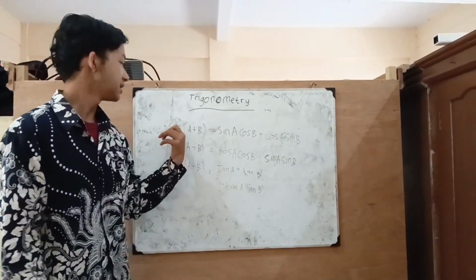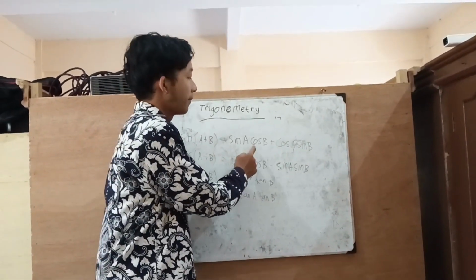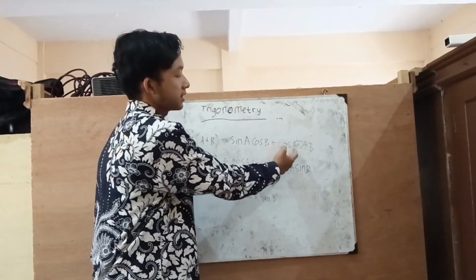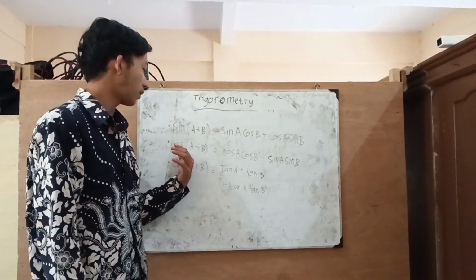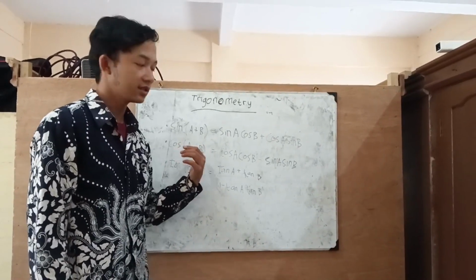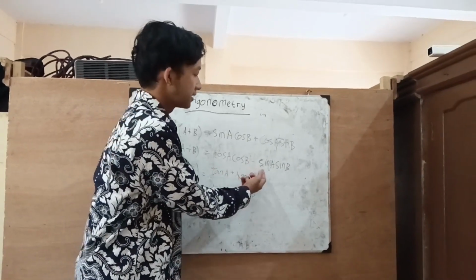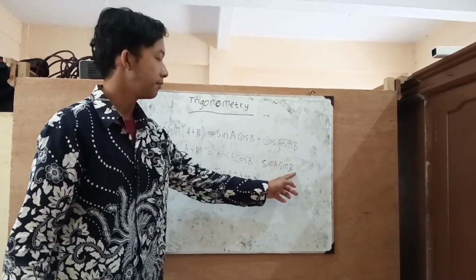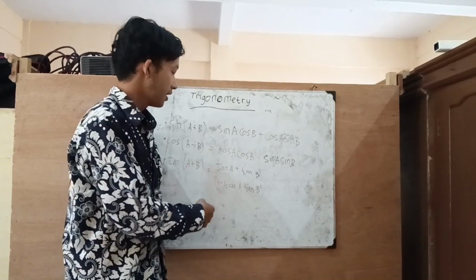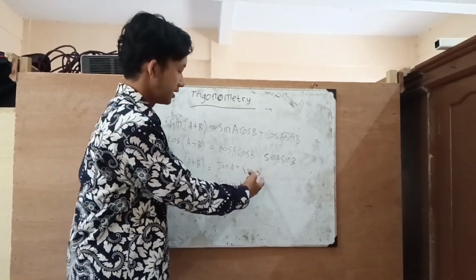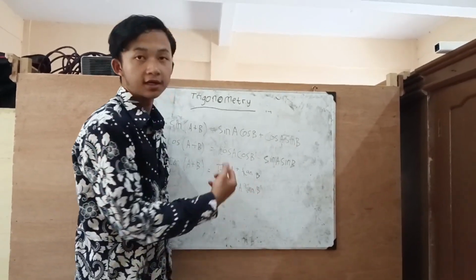The first is sin(A plus B) equals sin A times cos B plus cos A times sin B. And the second is cos(A minus B) equals cos A times cos B minus sin A times sin B. And the third is tan(A plus B) equals tan A plus tan B over 1 minus tan A times tan B.